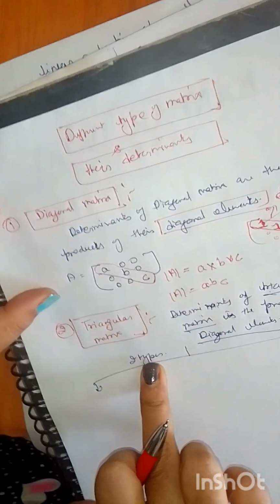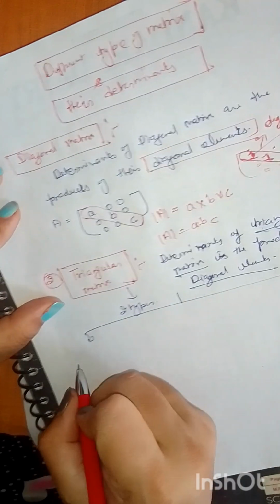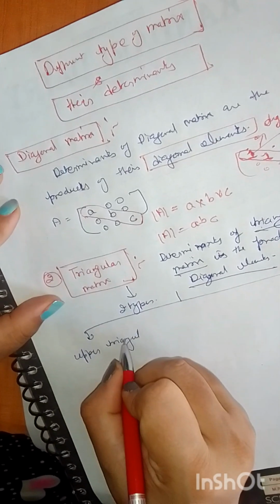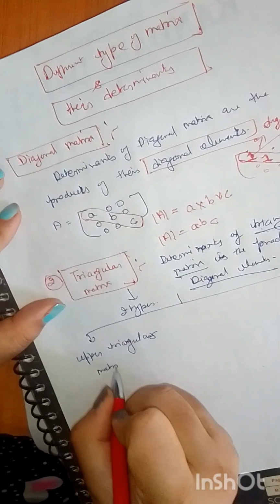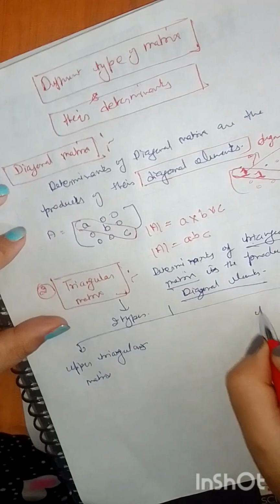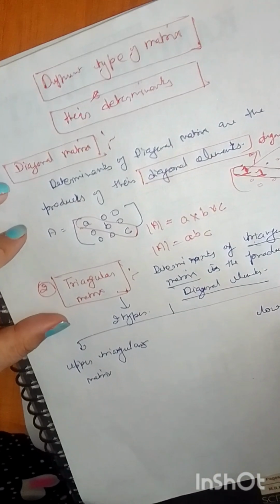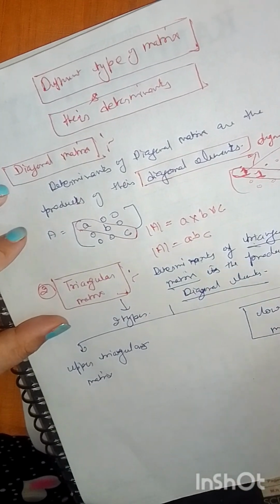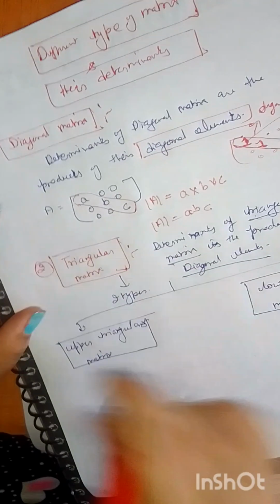There are two types of triangular matrix. Number one, upper triangular matrix. Number two, lower triangular matrix. So what is an upper triangular matrix?